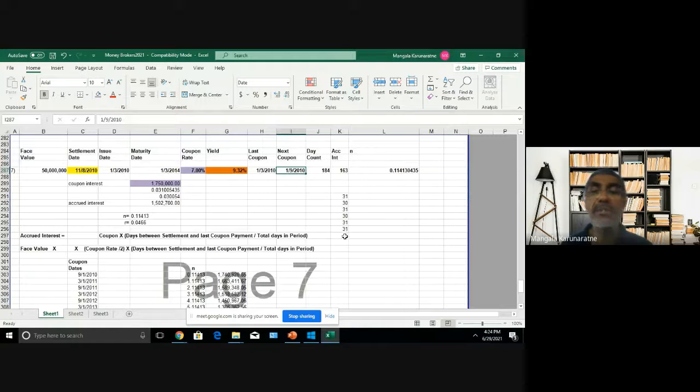The coupons are paid on the coupon date, but that is until the previous day only, not inclusive of the payment date, right? So this date will get included in the next coupon.